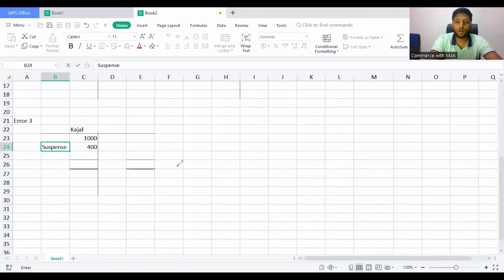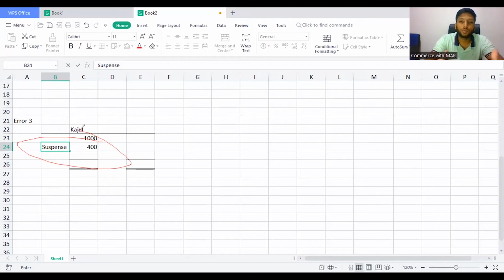Now my question for you all, can we do this? Saying debit side 400. Think guys. So actually this 400 is a credit sale. So we have correctly taken, they have not made a payment. So I will write suspense here to make you understand that this amount should be 1400. So 1000 is already there on the debit side.